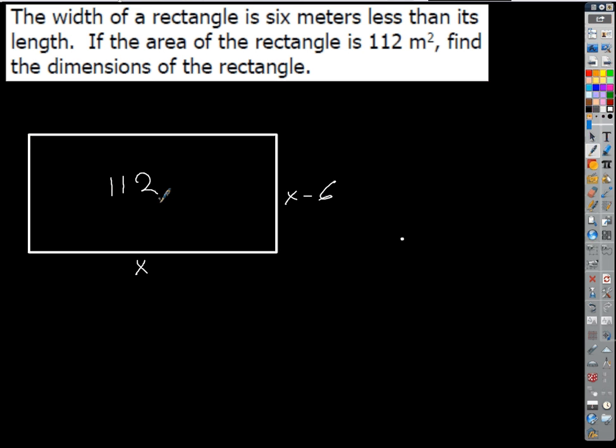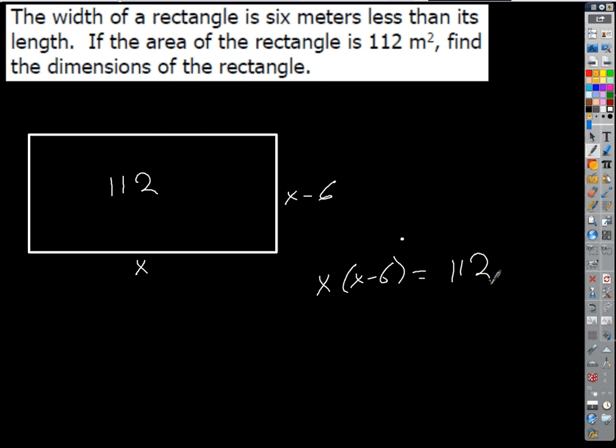So the area is 112, and so how do we set up an equation? X times X minus 6 is the area, which must be 112, right? Can you see already that you're going to get a quadratic equation from this?